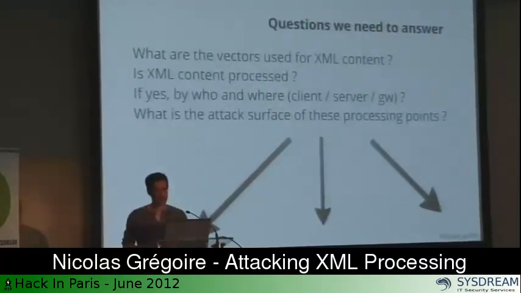If you find some processing, you need to know who is doing the processing and where. It could be client side or server side. In some B2B contexts, you have gateways doing automatic translation between versions of the protocol. So: clients, servers, and gateways.